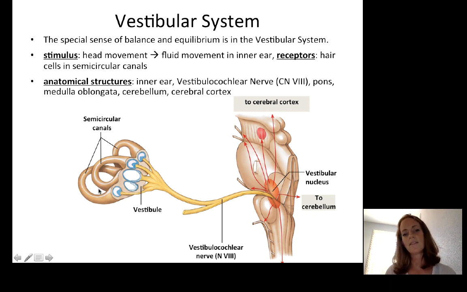And notice these are in the X, Y, and Z planes, so they can know when your head is moving in the X, Y, and Z planes of direction. Those will be transmitted through cranial nerve 8 as well into various regions of the brain, through the pons, the medulla, to the cerebellum, and also to the cerebral cortex.